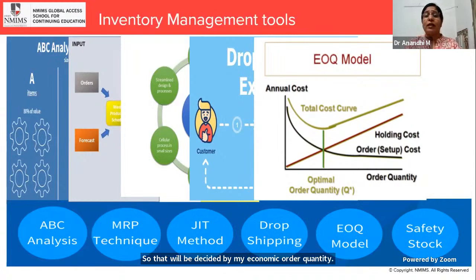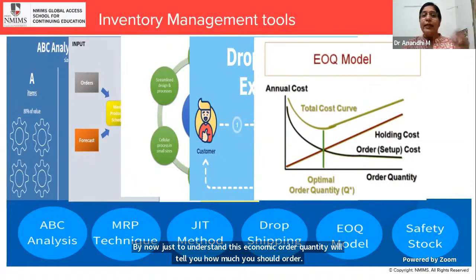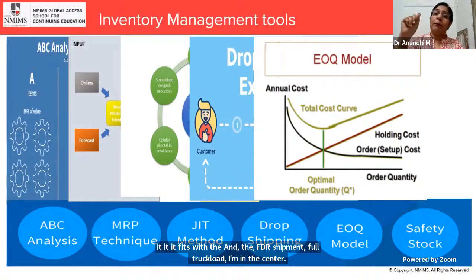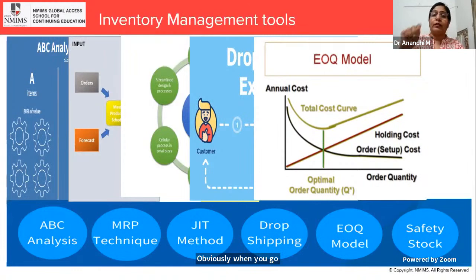For now, just understand that economic order quantity will tell you how much you should order for every order. What is the threshold? Below that, it is going to be waste because you are incurring holding costs. See, it syncs with LTL and FTL shipment, less than truckload and full truckload. Obviously, when you go for a full truckload, the per unit cost of sending that product is going to come down.